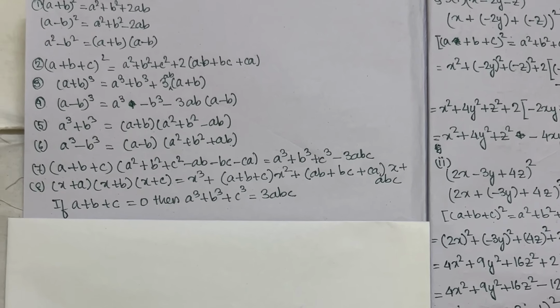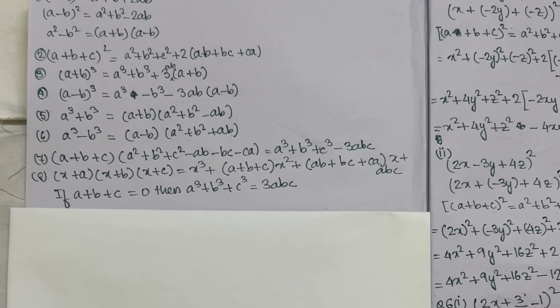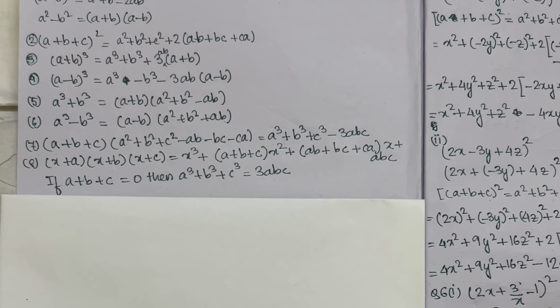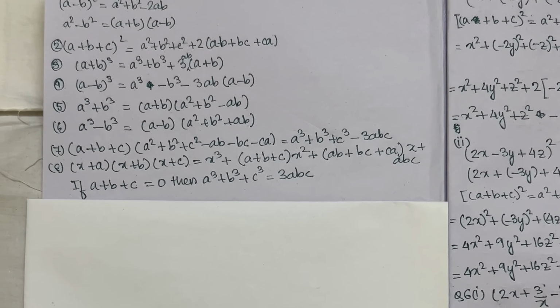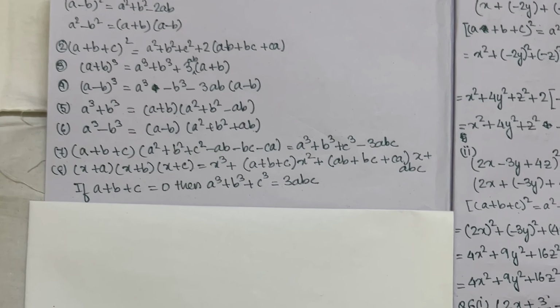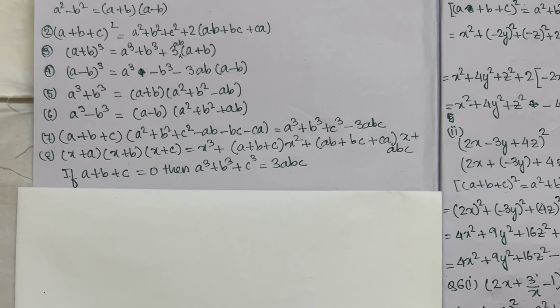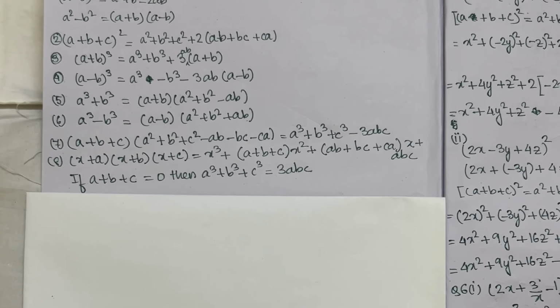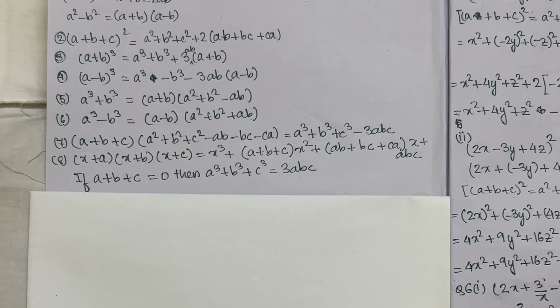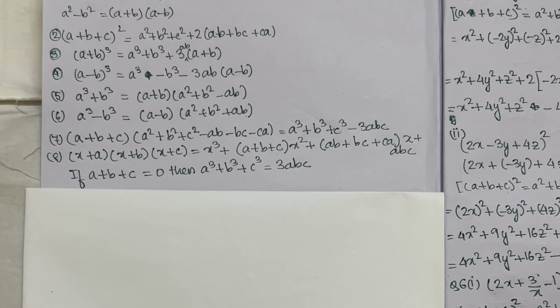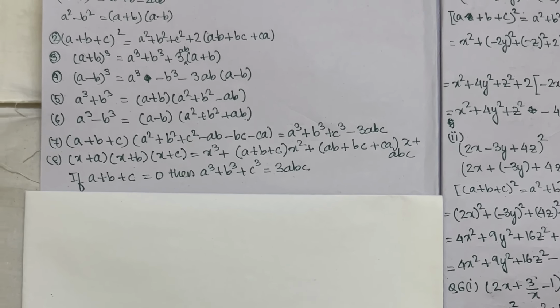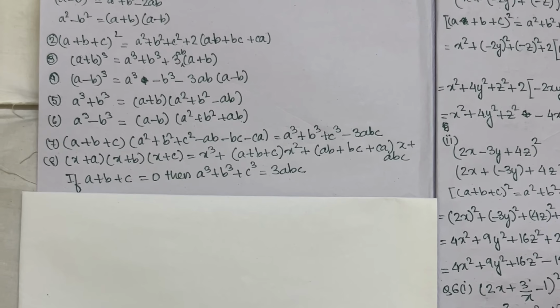So let's see the first one: (a plus b) whole square, (a minus b) whole square, and a square minus b square. These formulas you know from the previous class. Now from point 2, the formulas are the new ones, that is (a plus b plus c) whole square, that is a square plus b square plus c square plus 2 into (ab plus bc plus ca).